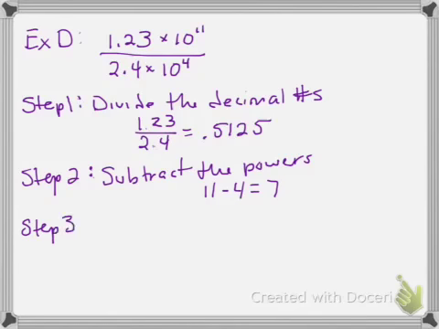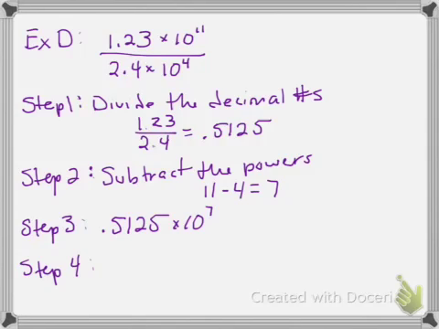Okay, so step 3. If we were to write this out, right now, how we have it is 0.5125 times 10 to the 7th. And you guys should notice right now, it's breaking the rules. So, we need to change it. And the reason it's breaking the rules is because 0.5 is less than 1. It's not allowed.